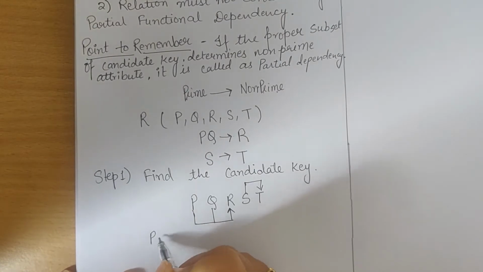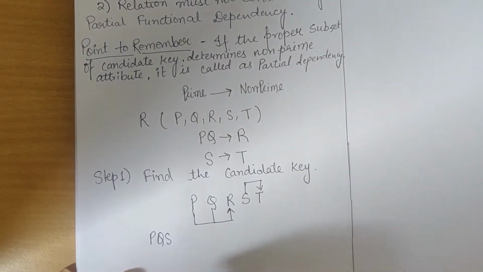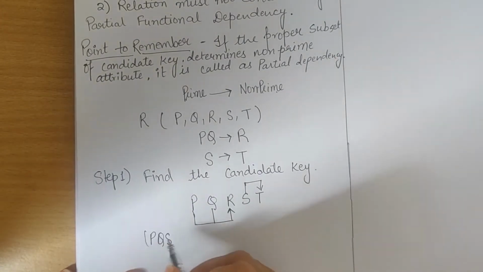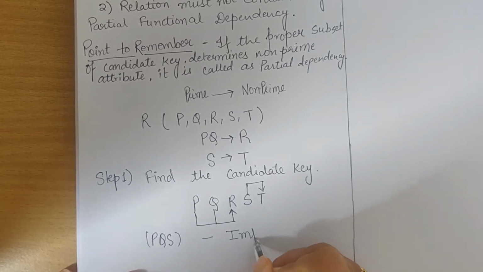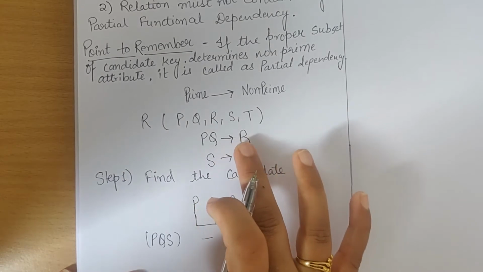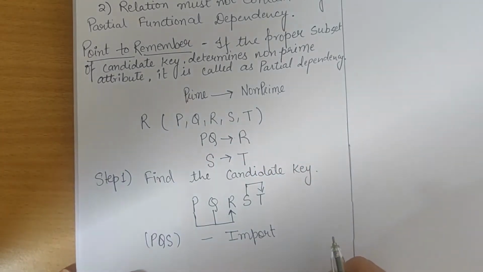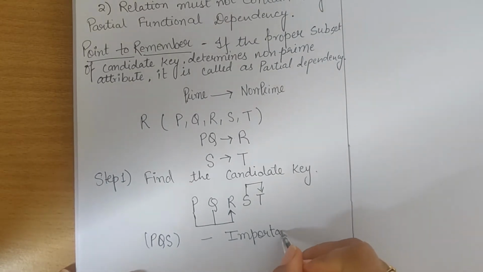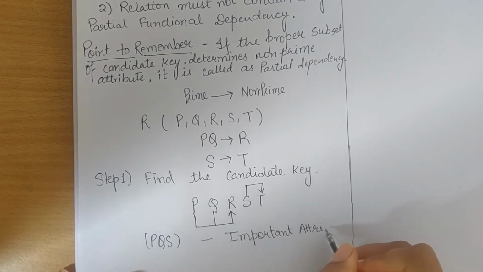So PQS can be the director of this show. So can I say PQS are my important attributes? Why are they important attributes? Because they have the power to determine some other attribute. No other attribute is determining them. That's why they are important attributes.